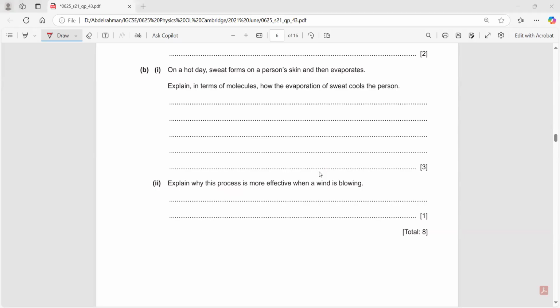Sweat is a very important process to help cool us down. How can I describe what happens in evaporation?